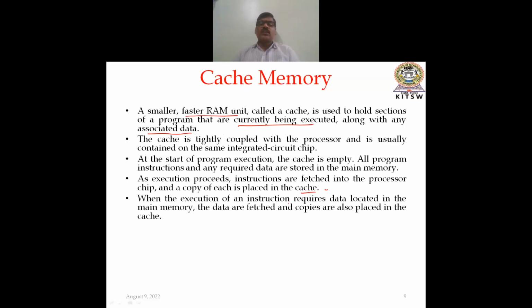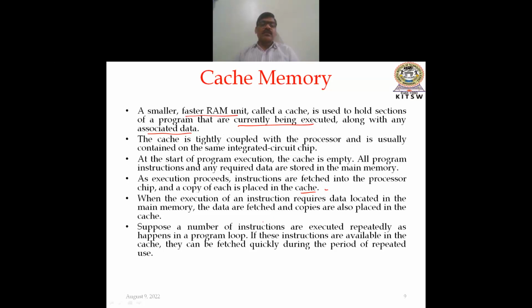When the execution of an instruction requires data located in the main memory, the data are fetched and also copied into the cache memory. Suppose a number of instructions are executed repeatedly, as happens in a program loop. These instructions are available in the cache memory and are fetched quickly during the period of repeated use.